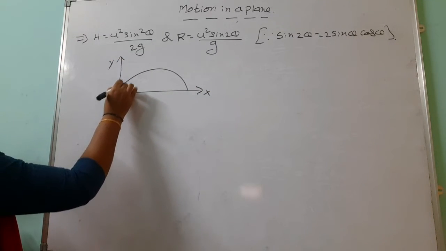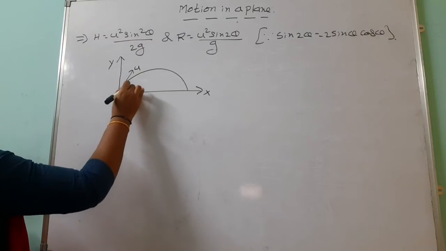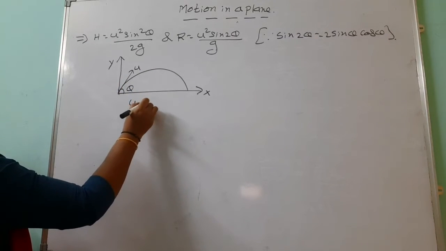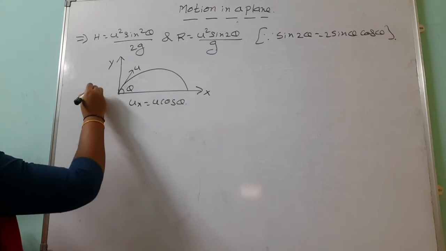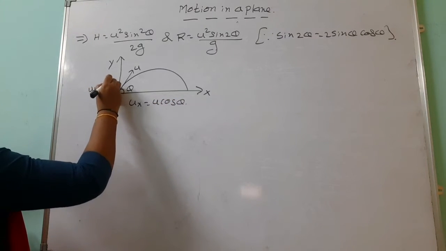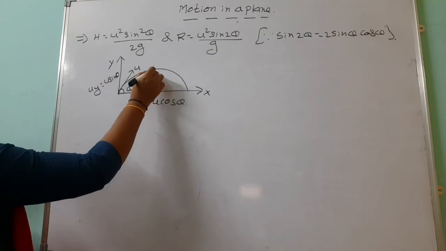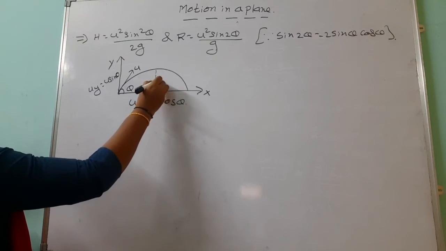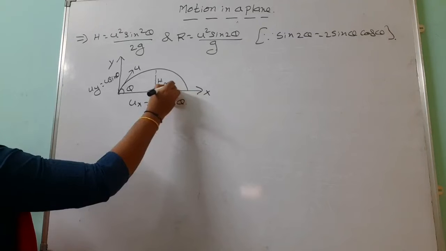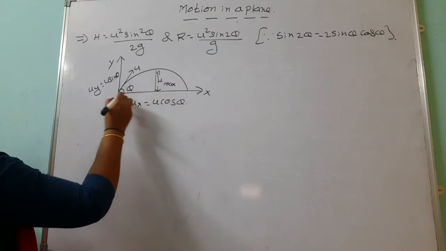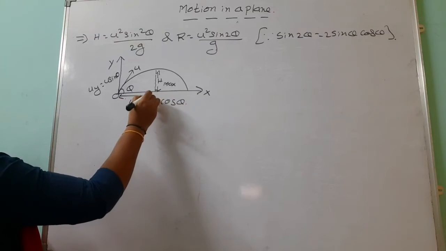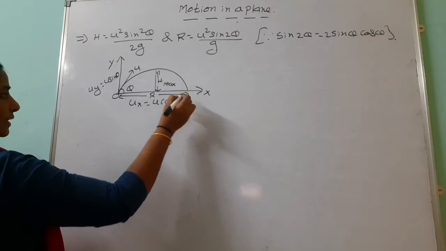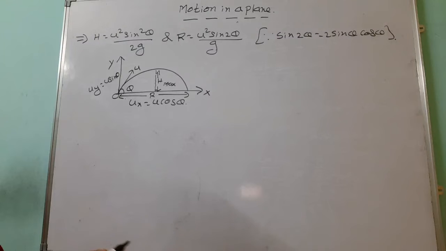The velocity makes an angle theta, so ux equals u cos theta, then uy equals u sin theta. Here this is the maximum height, h maximum, from here to here. And range is the maximum horizontal distance covered by the projectile, called the horizontal range.